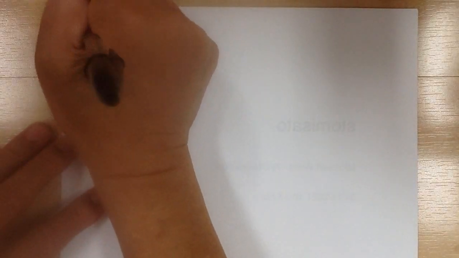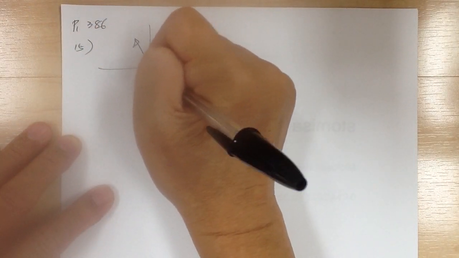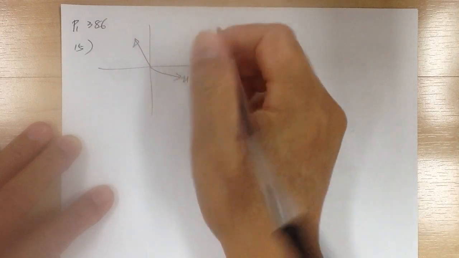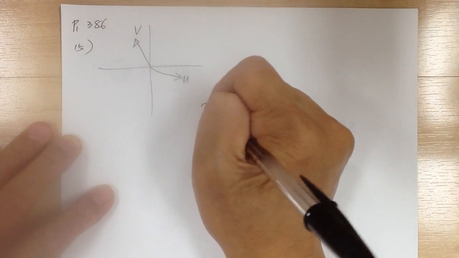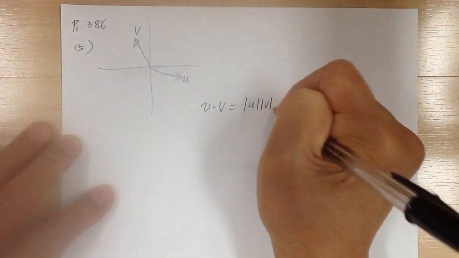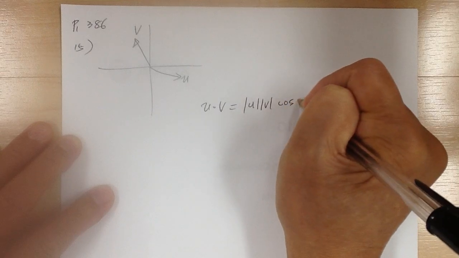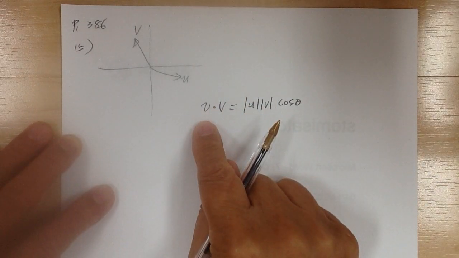Okay, so for number 15, you have this picture over here, and you have these two vectors, and you want to find out u dot v. So you have this formula. You want to find out if u dot v is positive or negative.